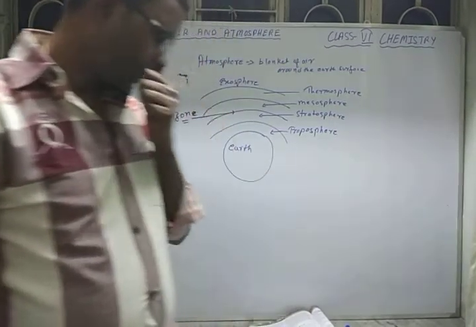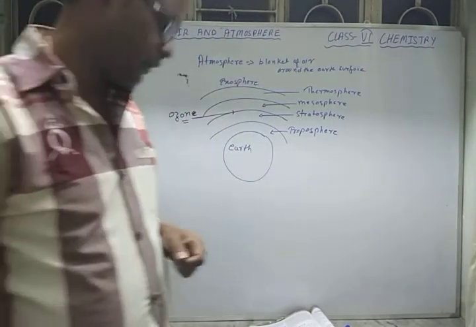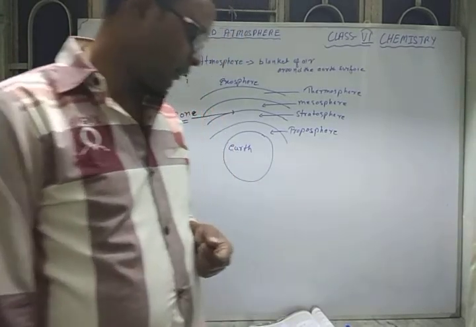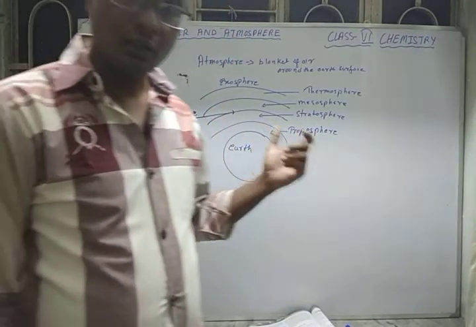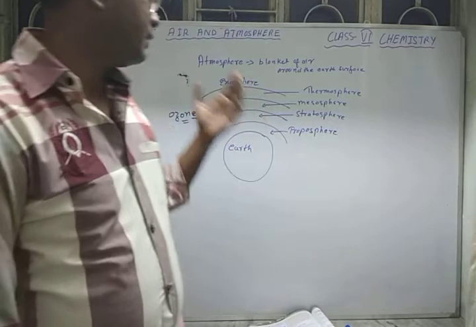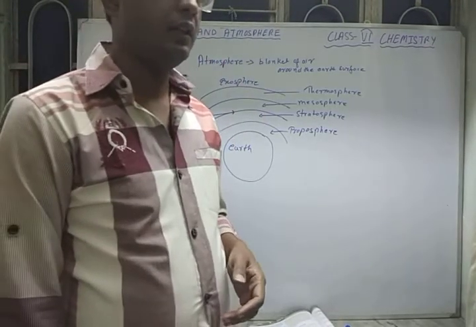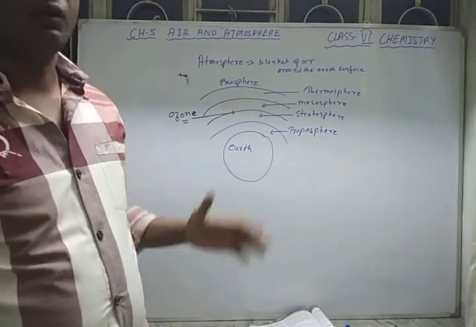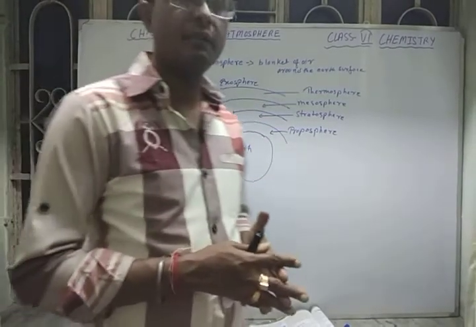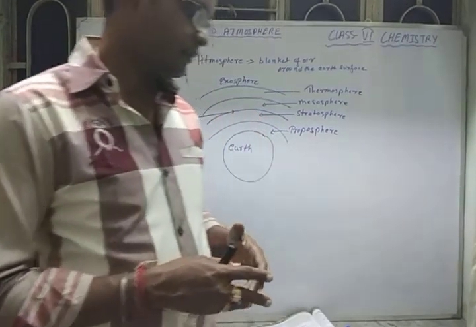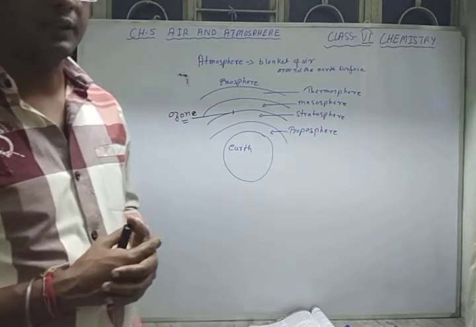Okay. After that is the exosphere. It is the outermost layer of the atmosphere, where a very small percentage of oxygen is present. It is outer space. The whole of outer space we consider as the exosphere, because a very small quantity of oxygen is present.